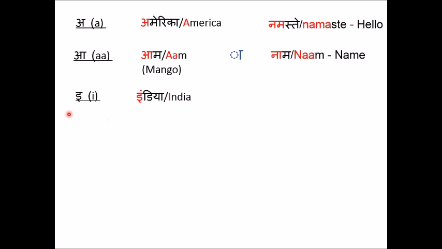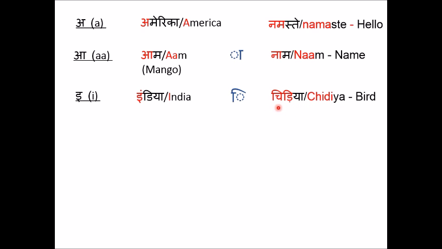So our next vowel is i. For example, we have India, and we add i to the consonant by adding this symbol on the left side of the consonant. For example, here we have chidiya. Chidiya means bird.